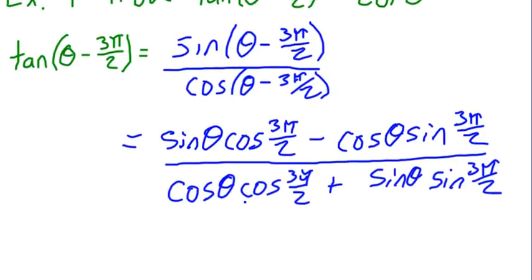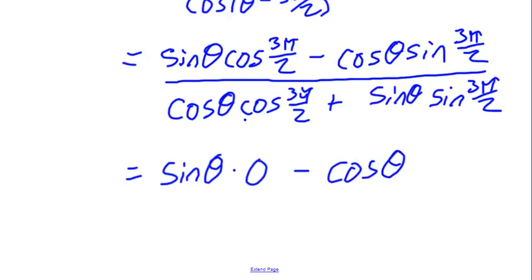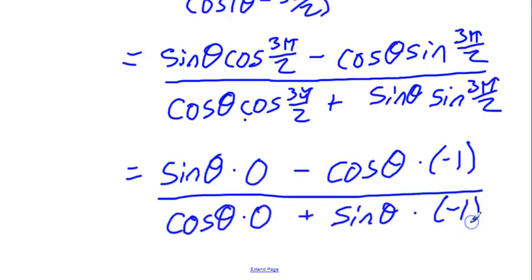Now we need to simplify some of these. This is equal to the sine of theta times 0, the cosine of 3 pi over 2 is 0, minus the cosine of theta times negative 1. Sine of 3 pi over 2 is negative 1, divided by cosine of theta times 0, plus the sine of theta times negative 1.